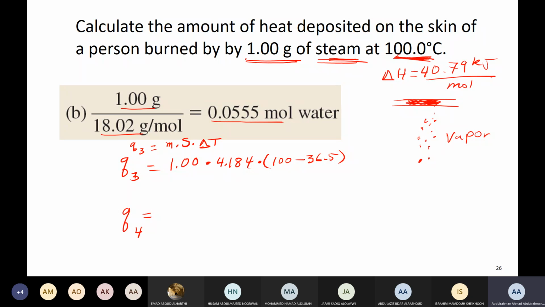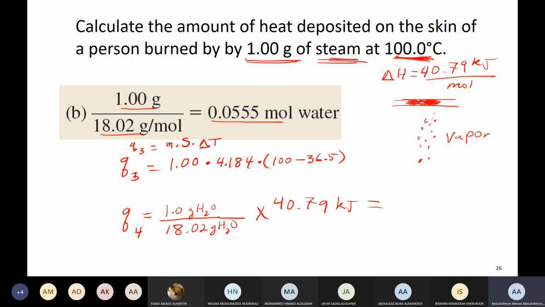So how can I calculate Q4? I should take 1 gram H2O divided by 18.02 gram H2O. This will give me moles, times 40.79 kilojoule, and you have the answer.